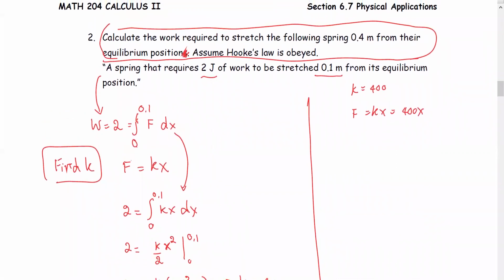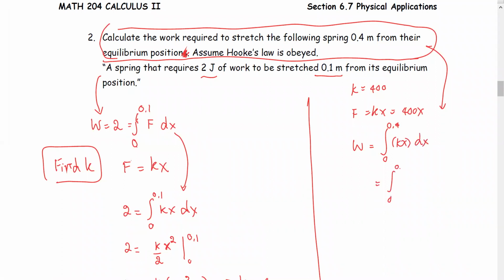And the problem asks you to find the work, or W, as the spring is stretched from the equilibrium point 0.4 meters. So W is the integral from 0 to 0.4 of Kx, which is the force, with respect to x.